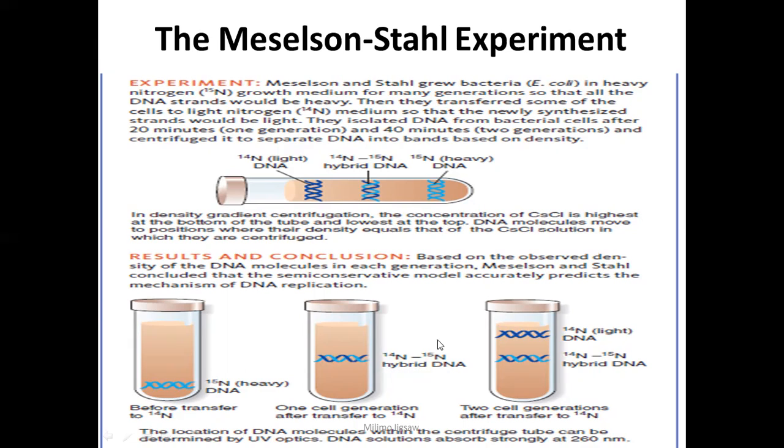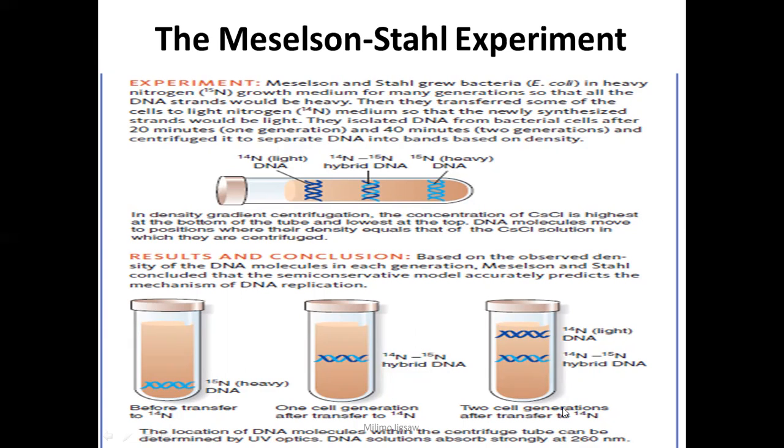So no wonder you find that in the centrifuge tube, it was intermediate. So it contained both heavy and light. After one generation in 14N, it was intermediate, heavy and light, a hybrid DNA, very important.